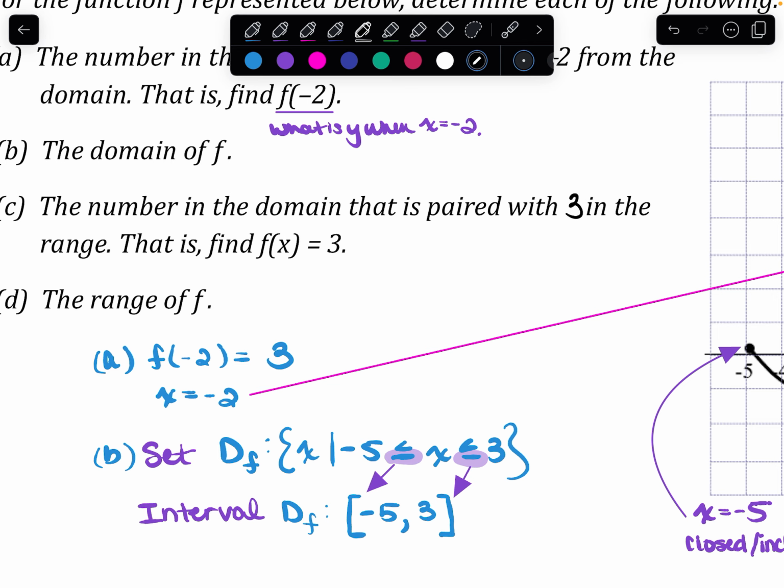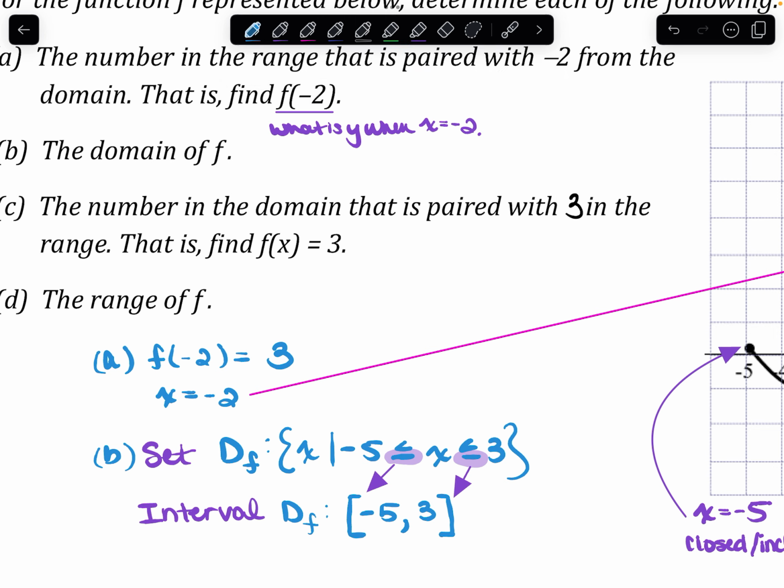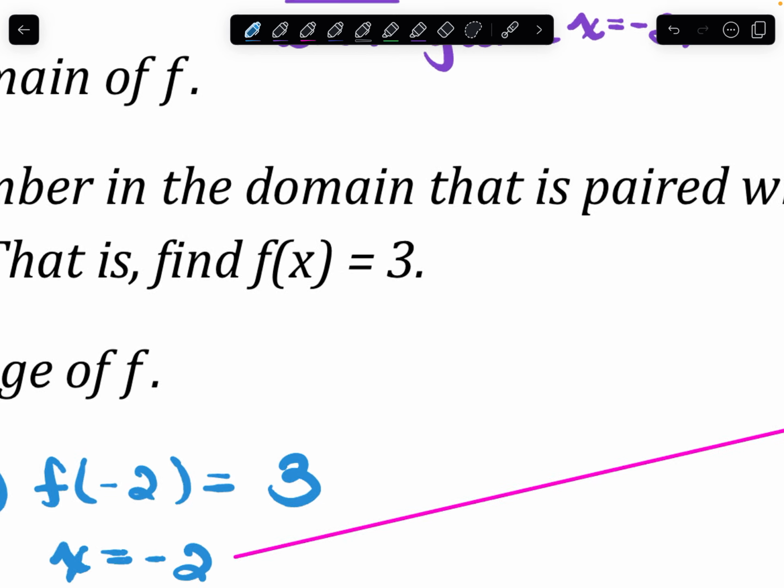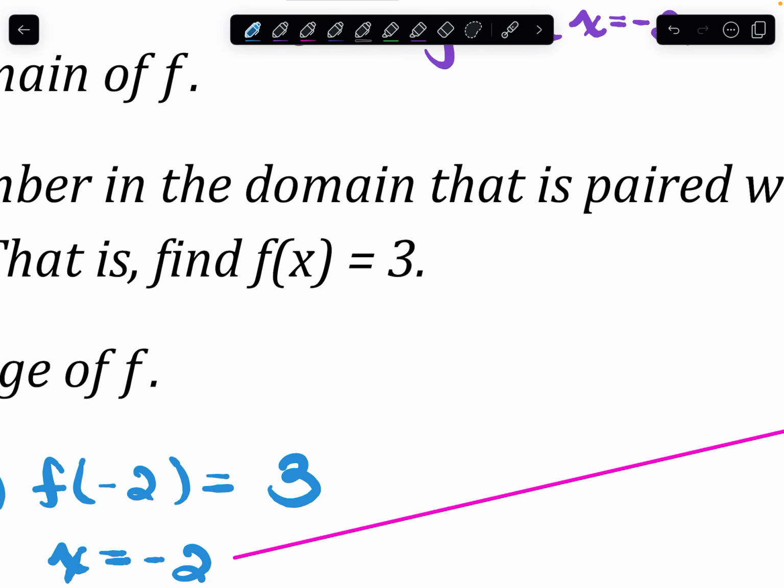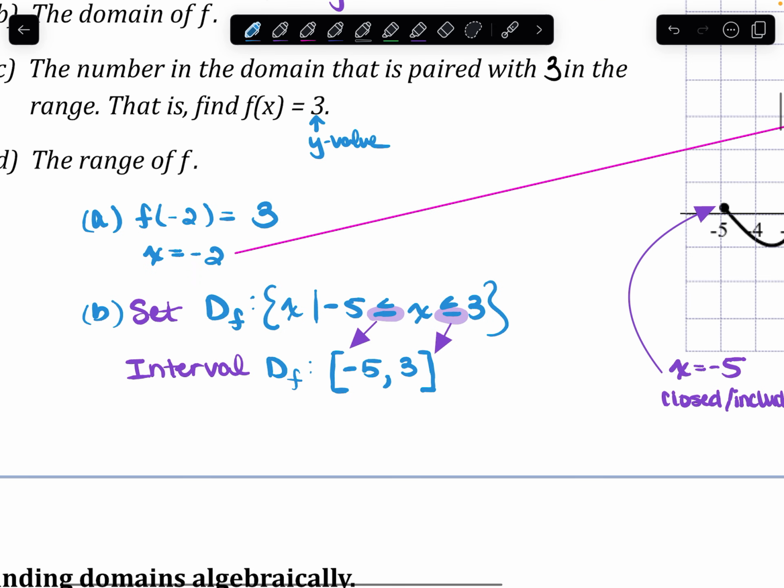All right. So the difference here is we're looking for the number in the domain, which means we're looking for x, given the number in the range. So right here, this is our y value. I'm going to copy it down here below because I don't have a whole lot of room.